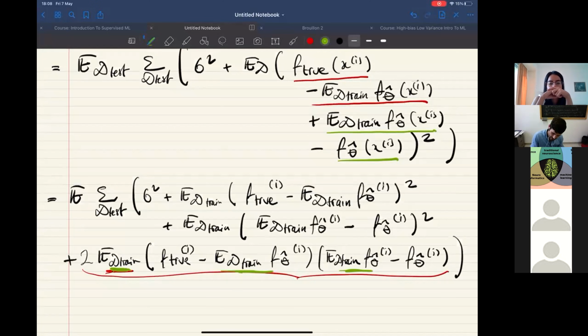So this expectation means an integral over dummy variables that are entering this theta hat. So I can think of this function here as a function of dummy variables, which represent samples from a training set, and I'm averaging over this training set independently of what I'm doing here or of this expectation. Is that clear?